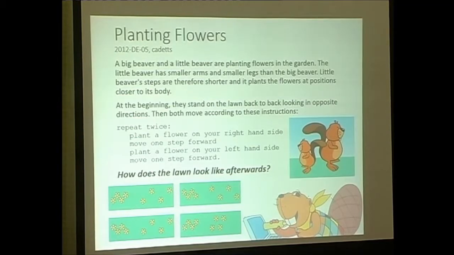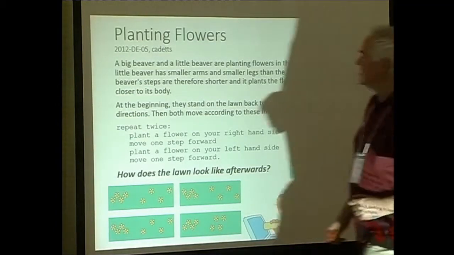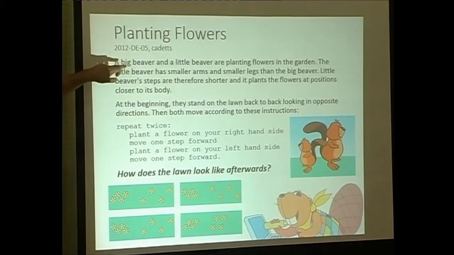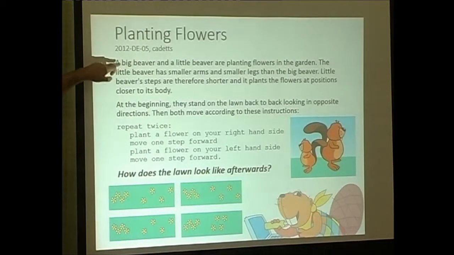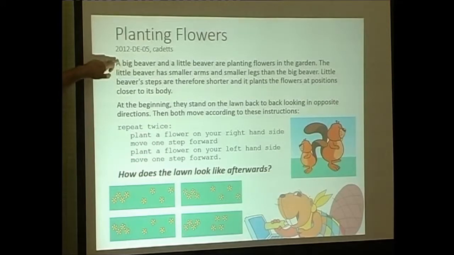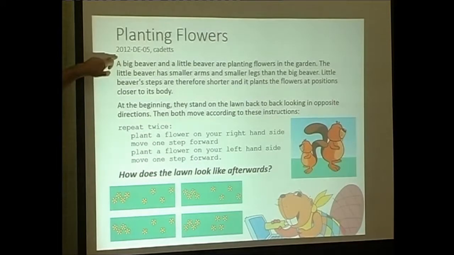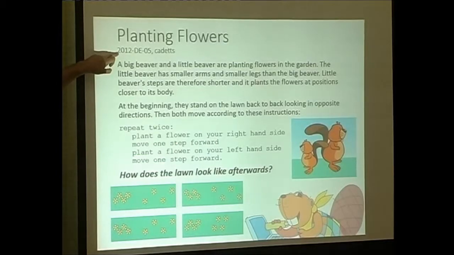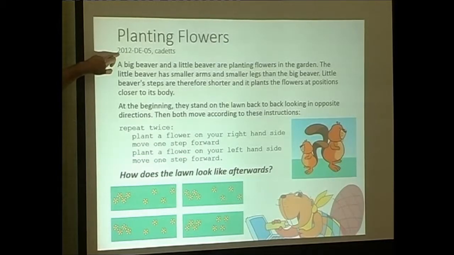Okay, this was a Beaver task, created in Germany in 2012, and it was for the younger ones, for the age group Cadets. Cadets are grade 7 to 8.